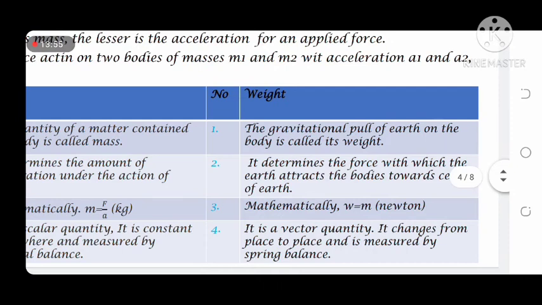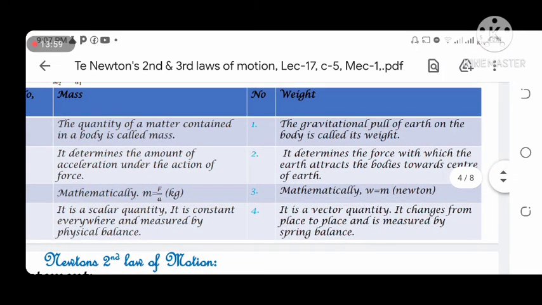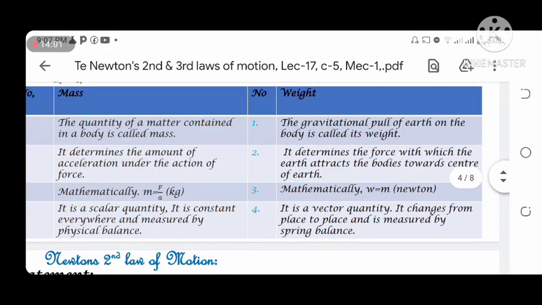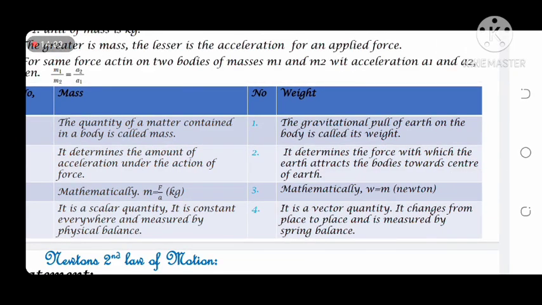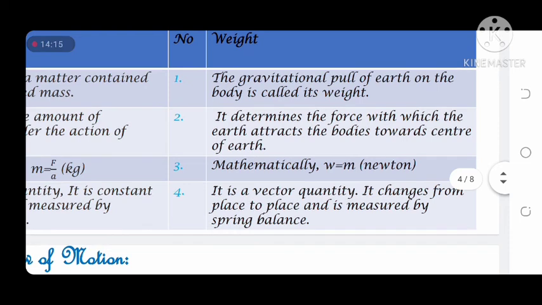Another difference: we can find mass mathematically as m equal to F over a, where F is the force and a is acceleration, and it is measured in kilograms. Whereas weight is W equal to mg, and it is measured in newtons.